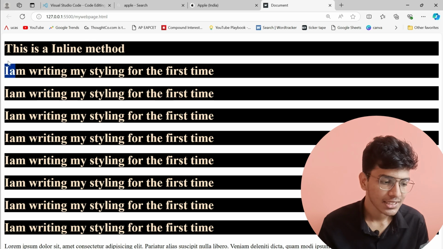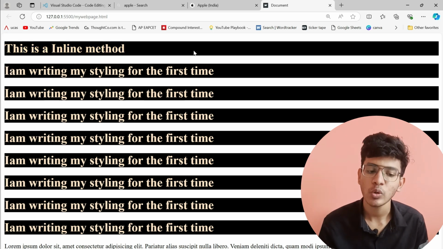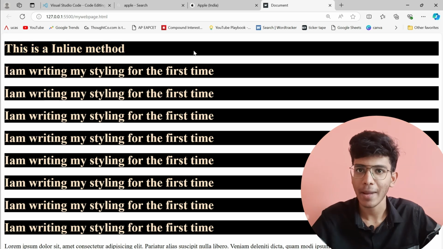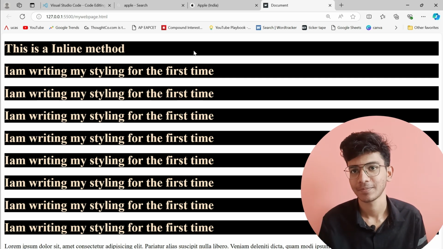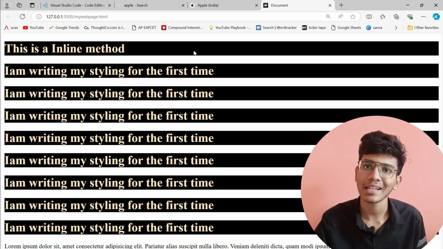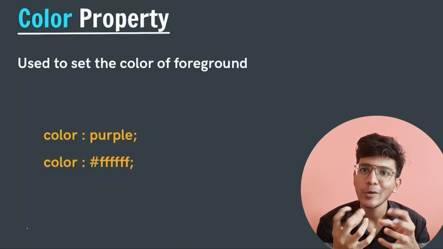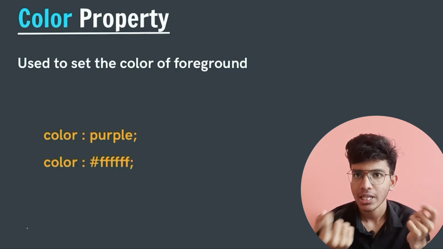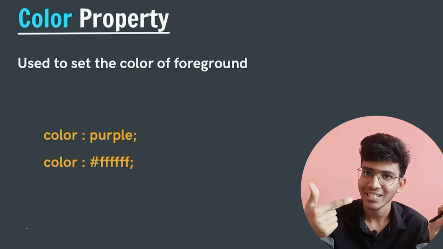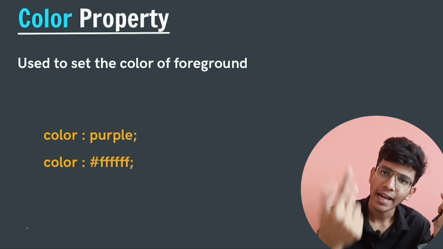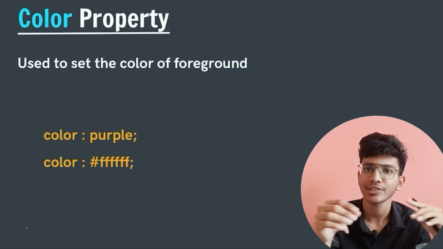Here the text is in bisque color, and for this h1 tag, the background is black. Like this I can give external CSS. Now we have understood how we can include CSS in HTML documents. 3 different methods: inline, style tag, external CSS, and we are going to use external CSS most of the time.